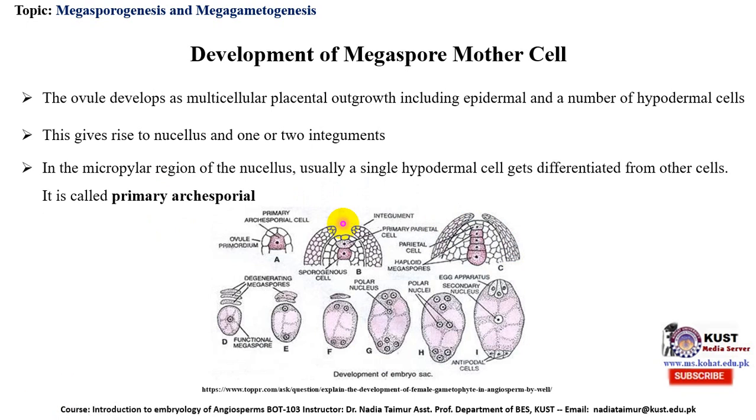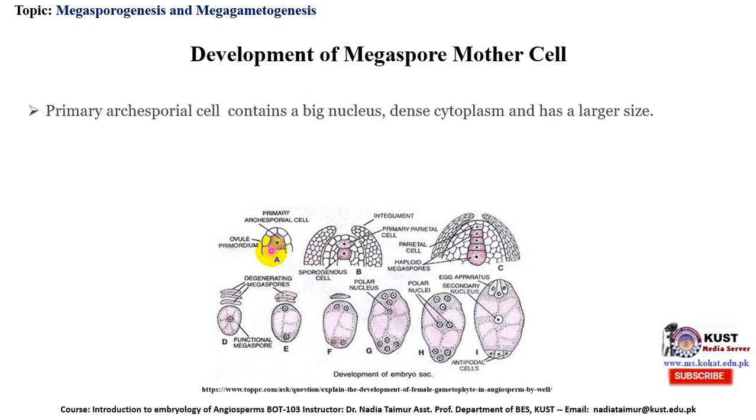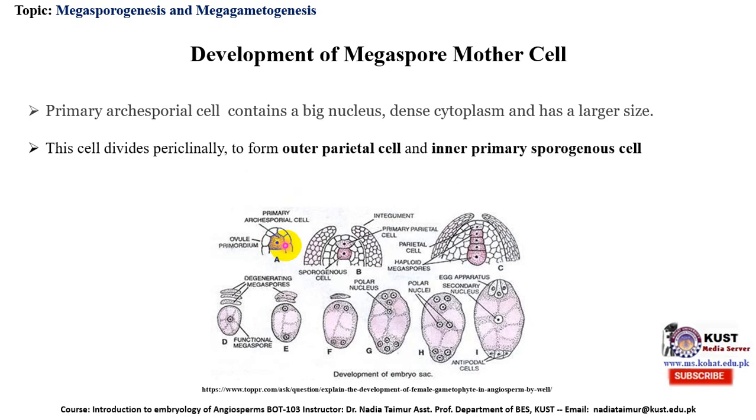So in the micropylar region of the nucellus, usually a single hypodermal cell gets differentiated from other cells. Now this cell is called primary archisporial cell. This primary archisporial cell contains a big nucleus, dense cytoplasm, and has a large size as compared with other cells.